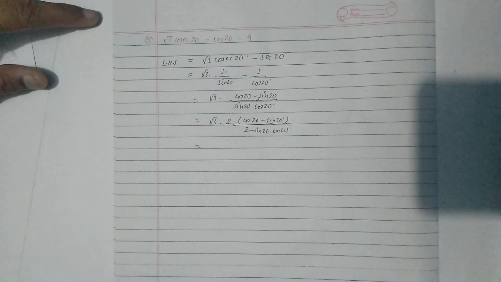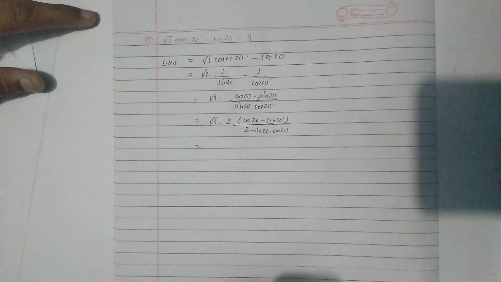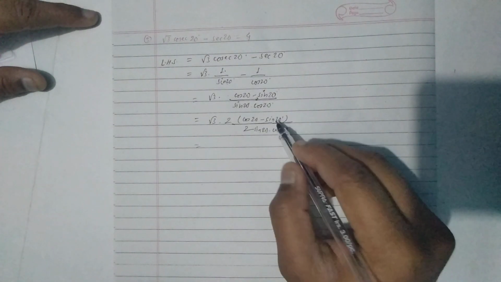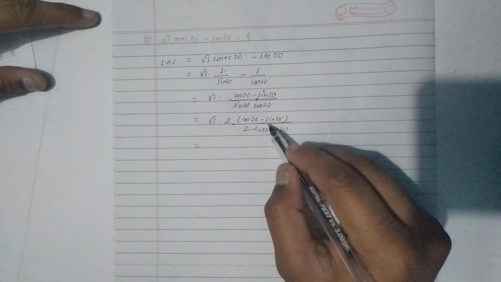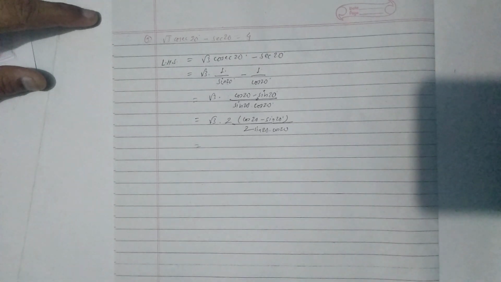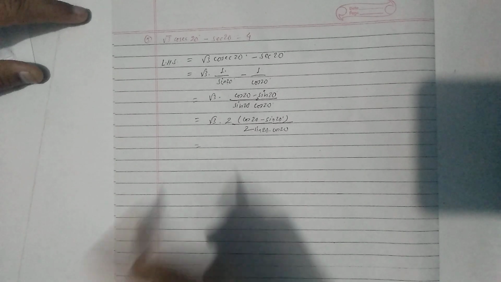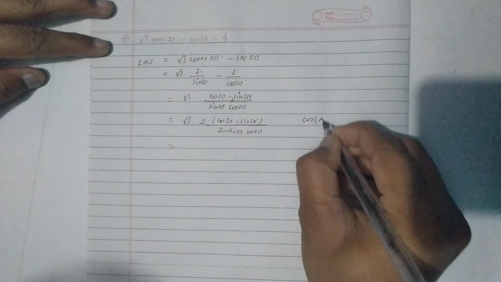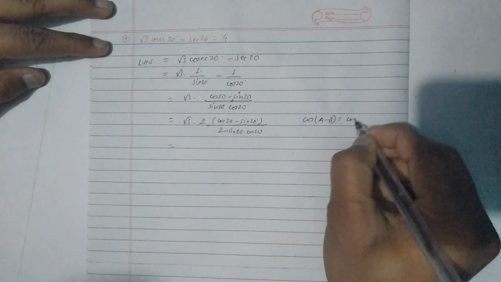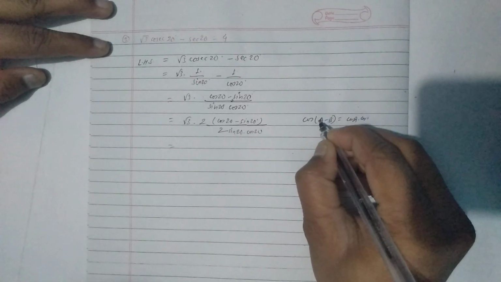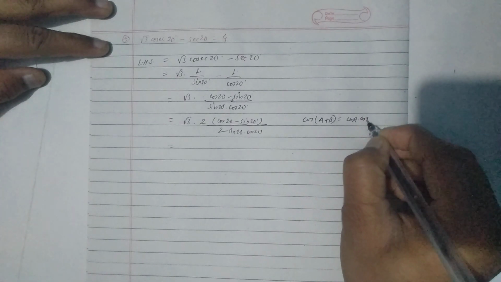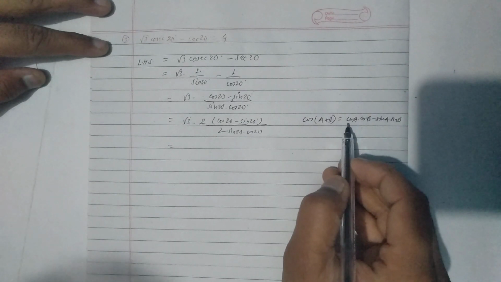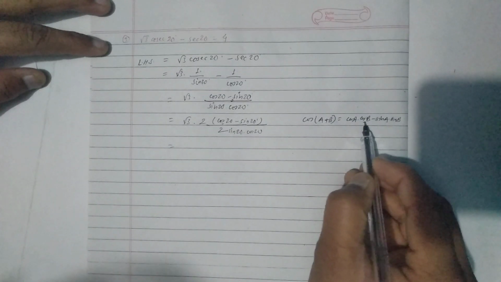So see here, we also have to apply the formula as we already saw in the previous question. We have to apply the formula of sin 20. As we know the formula of this one, cos A plus B equals cos A into cos B minus sin A into sin B. So for this we have one term cos here.